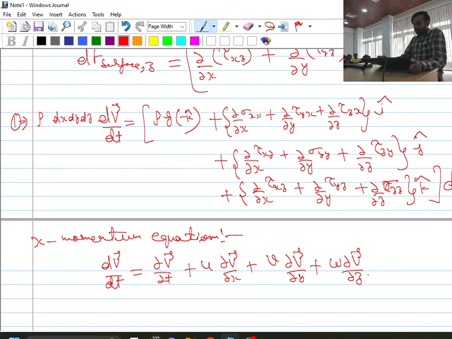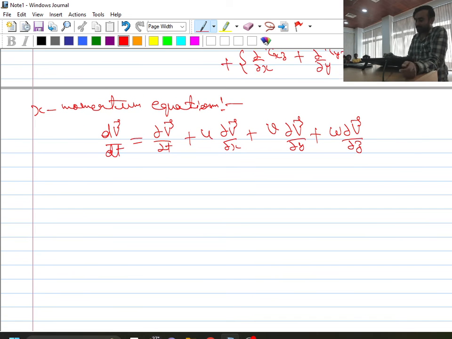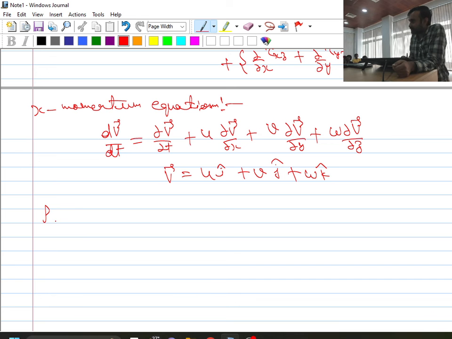Whenever you substitute the v vector equal to u i cap plus v j cap plus w k cap, what will you be getting? Rho times, now I am saying you only have to consider the x component, so you consider only the u term.